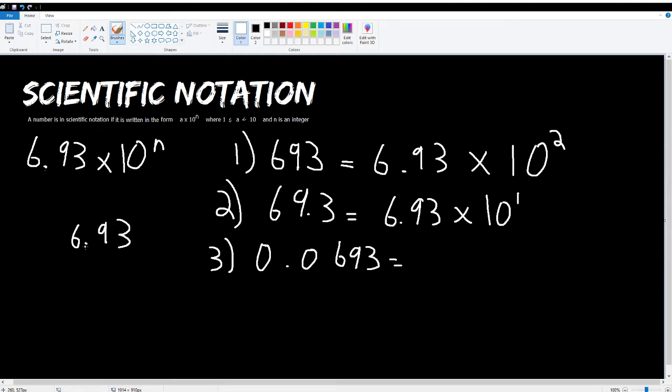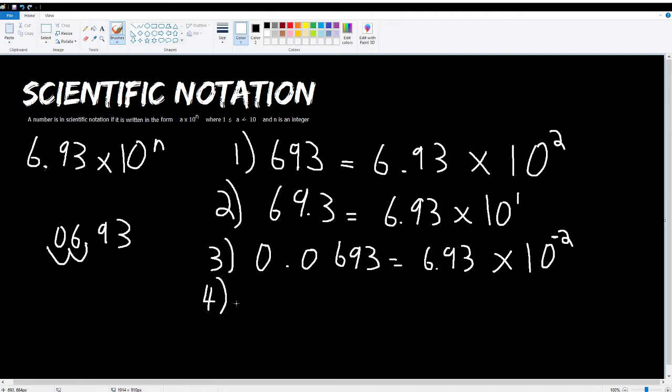We can see that I need to move it once and twice to get to here. So I basically moved it twice. So this is going to be 6.93 times 10. Is it to the second power? Yes, it's going to be second power because we moved it twice. But remember, we are making the decimal smaller, so it's got to be -2.